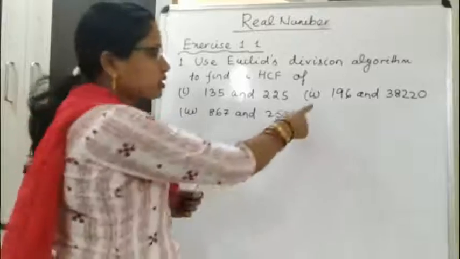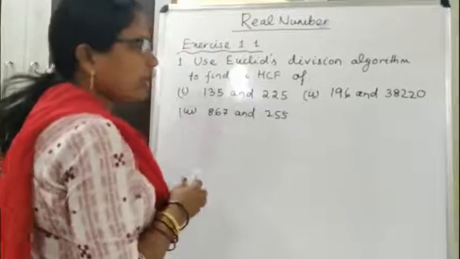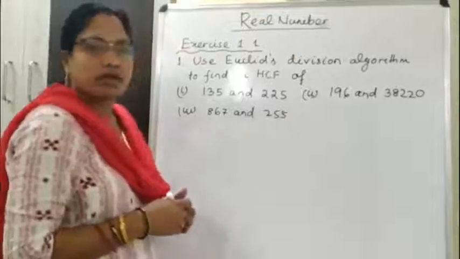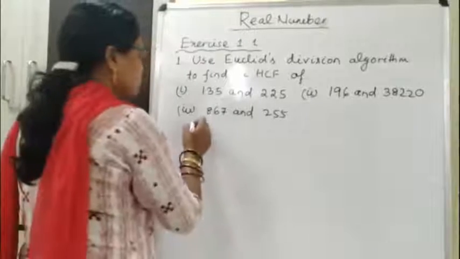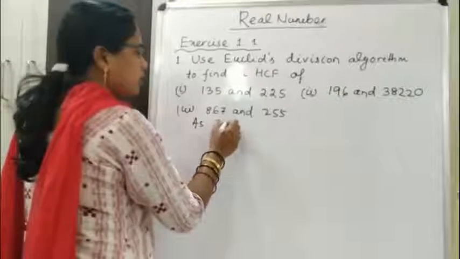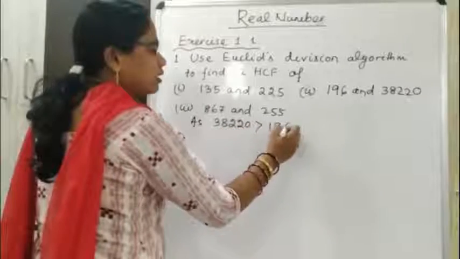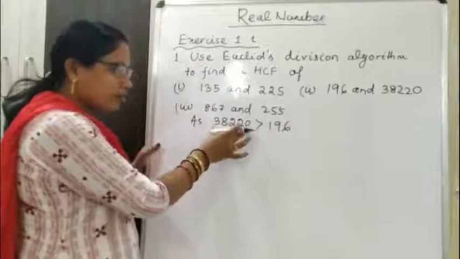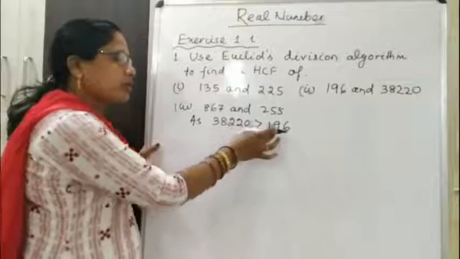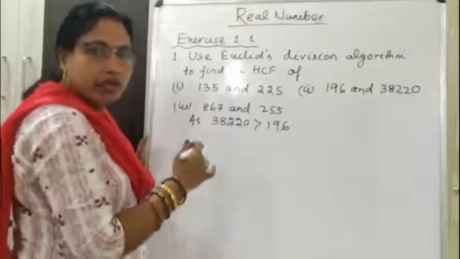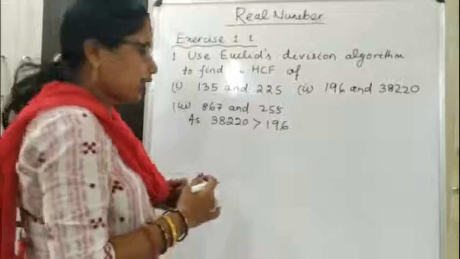Let us solve the second one, that is 196 and 38,220. As 38,220 is greater than 196, we have to divide 38,220 by 196 to follow Euclid's division algorithm.